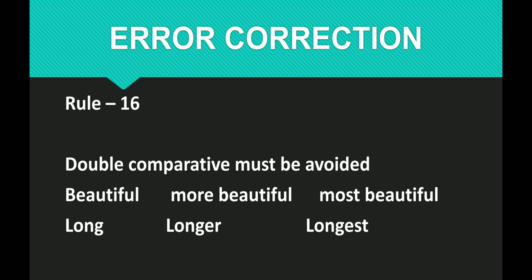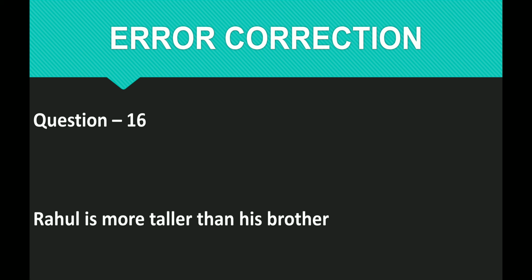So more and longer, double comparatives, must be avoided. Here is the question: Rahul is taller than his brother. This must be the right answer, not more taller. More is one comparative, taller is another comparative. We cannot use double comparatives in a sentence. So the correct answer will be Rahul is taller than his brother.